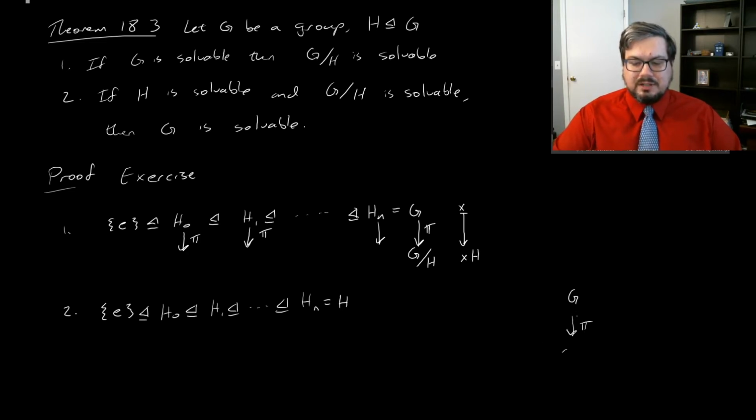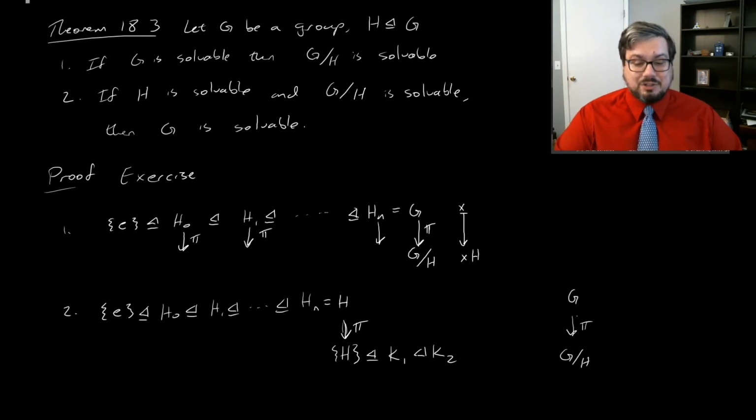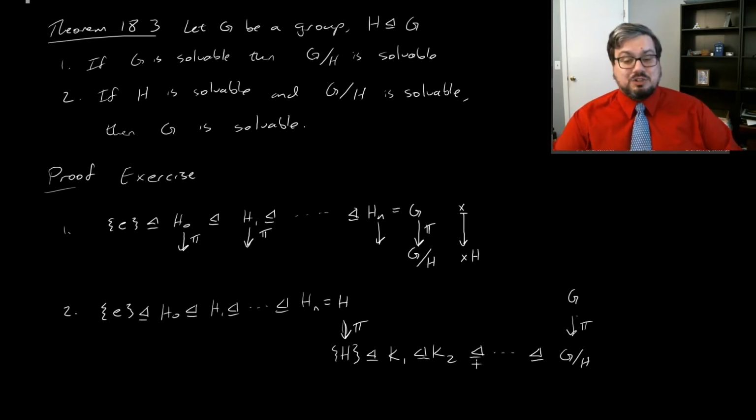What we know, though, is that if we look down at the level of G mod H, by applying this same homomorphism pi, then we know that there exist some subgroups of the factor group G mod H that have the properties that we want, that they're normal, and that their quotients are abelian.